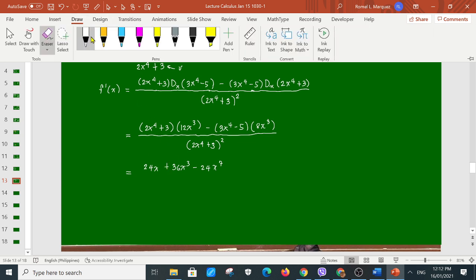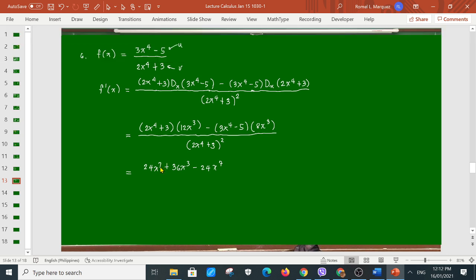Sorry. So this is x to the 7 also. 3 plus 4, 7. Then, minus plus now. 40x cubed. Actually, that's already the derivative. This, we are just trying to simplify.